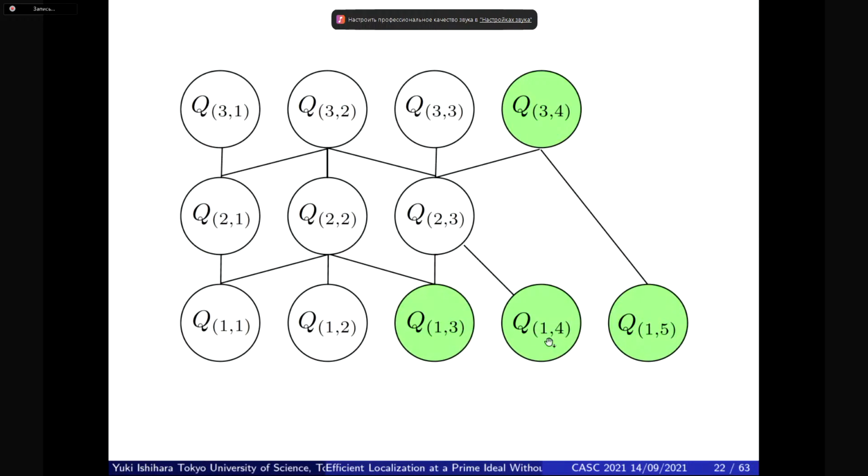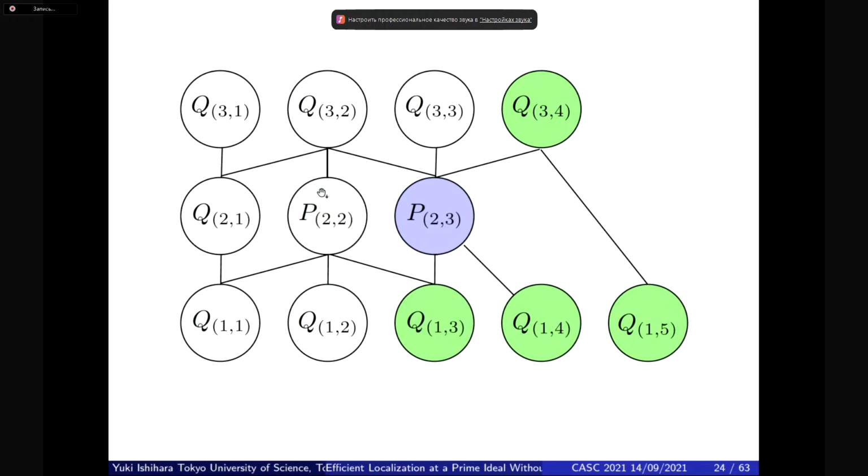And second, we compute the next minimal primary divisors except the isolated ones. In this case, this one and this one, and check whether these primary divisors are contained in this one. In this case, this is not and this is yes.